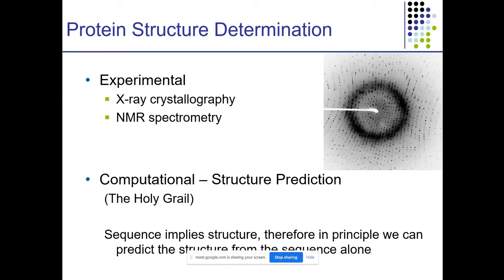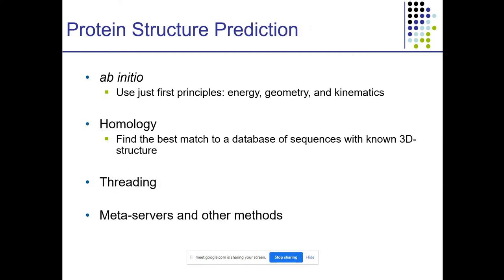So today we are also going to study the different methods of modeling, because in the computer we call this prediction and modeling. These are the three methods: ab initio, homology, and threading. These three methods are used to model the protein structure.